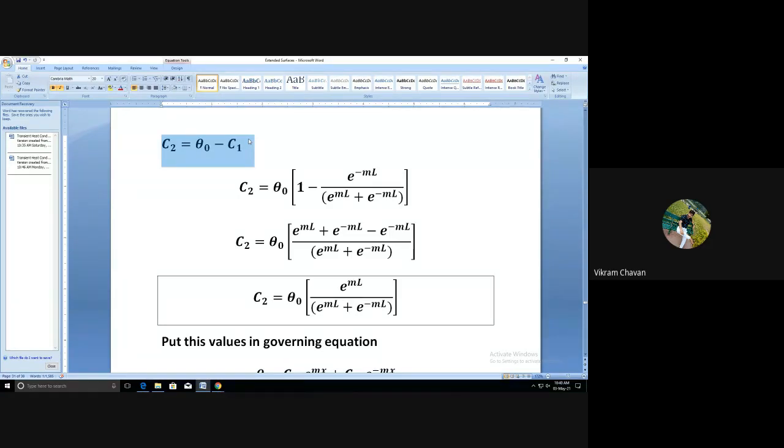We have determined the C1 equation; put that C1 equation in this equation and do the mathematical operation, and we will get C2 as theta naught inside the bracket e raised to ml divided by e raised to ml plus e raised to minus ml. Getting everyone? Is there any question, any doubt? So write down the equations, find out the C2.